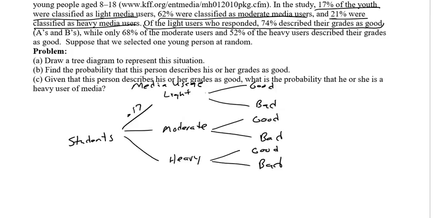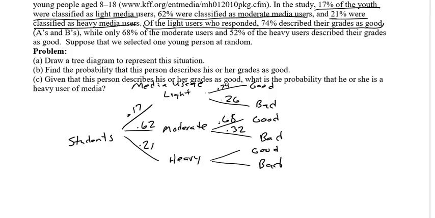So 0.74 said their grades were good, and that means 26% said their grades were bad. The moderate users, 68% said they were good, which means 32% said they were bad. And the heavy users, 52% said they were good, so 48% said they were bad.